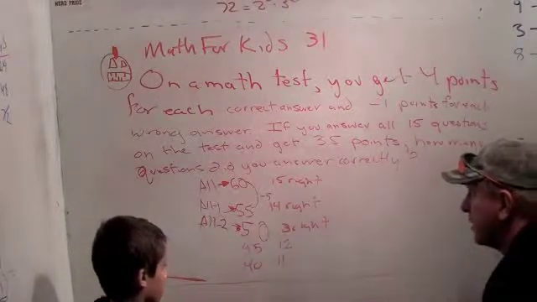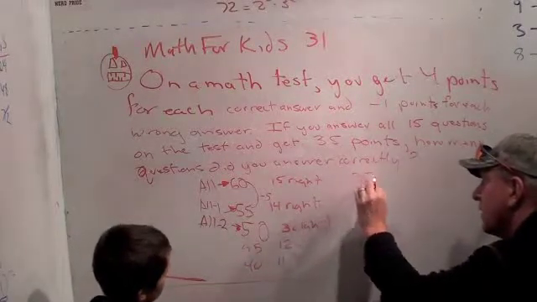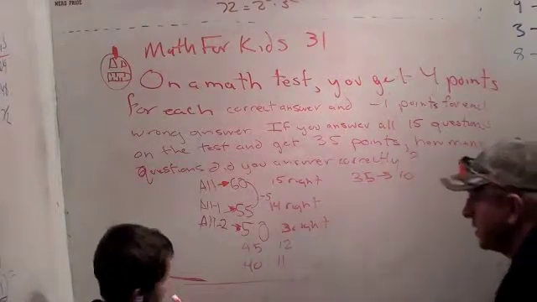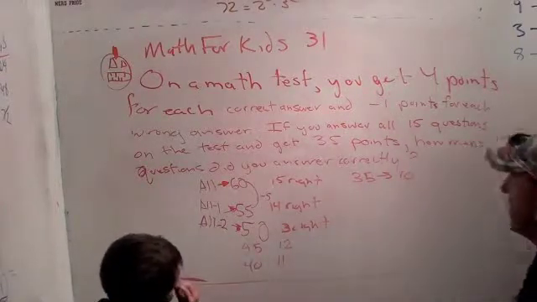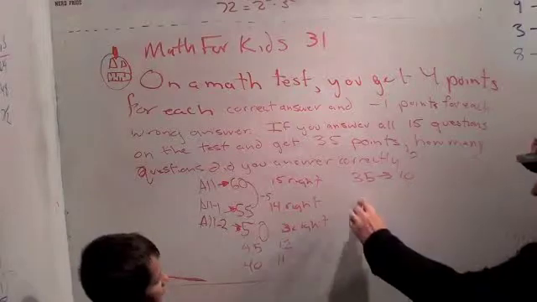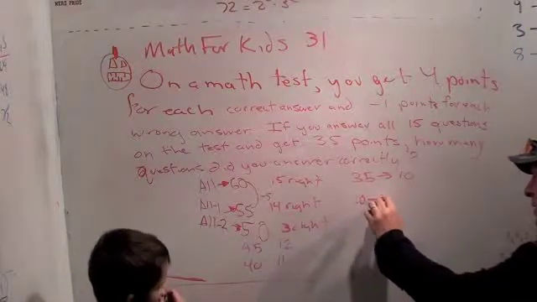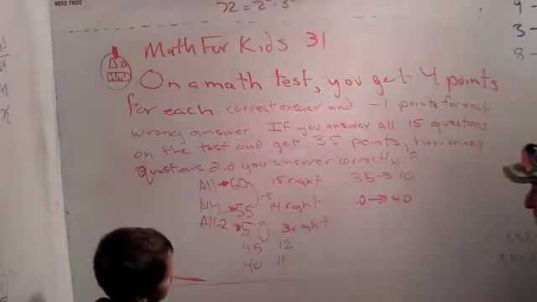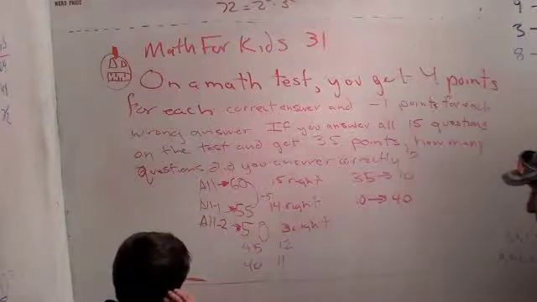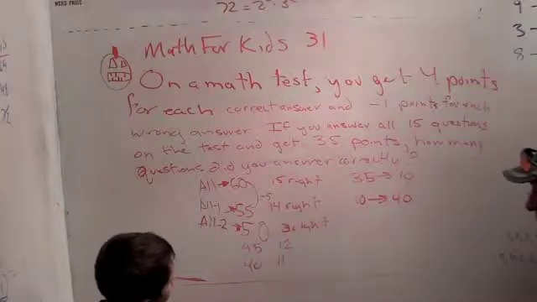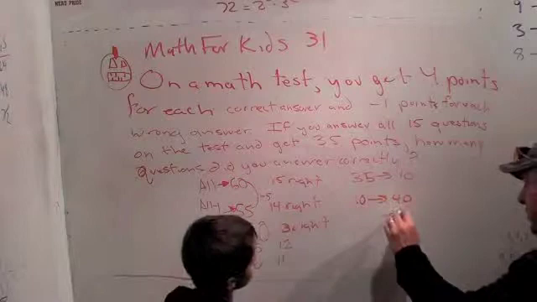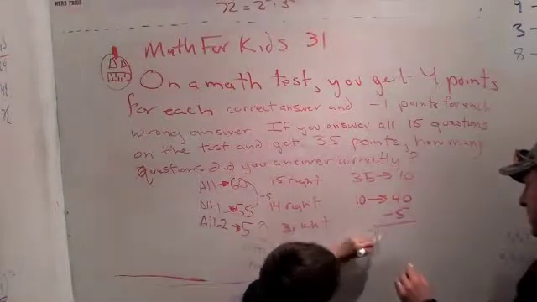And then 35 would have 10 right. So should we check that? Yeah. For 10 right, how many points are you going to get? 40 points. And then what do you do next? We have to subtract the wrong answers, which is -5. 40 minus 5, which is 35.